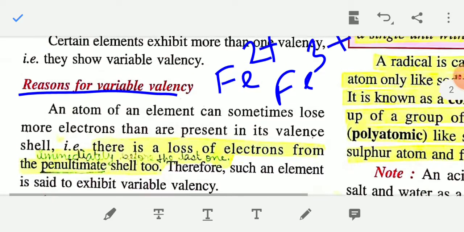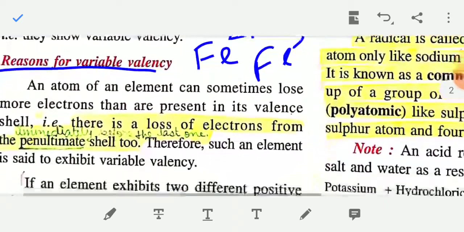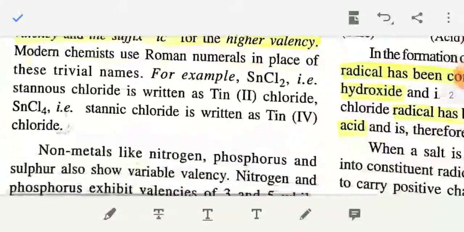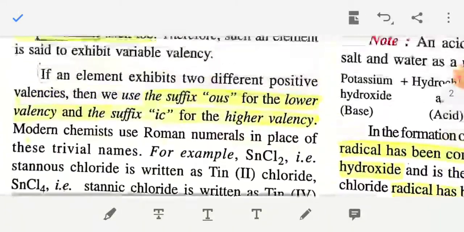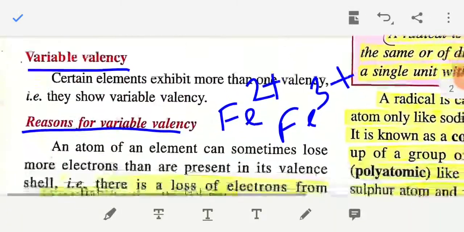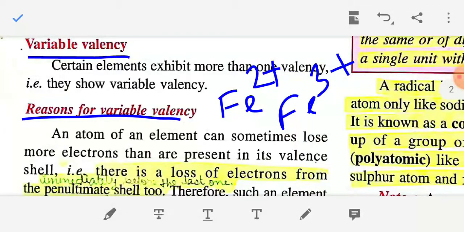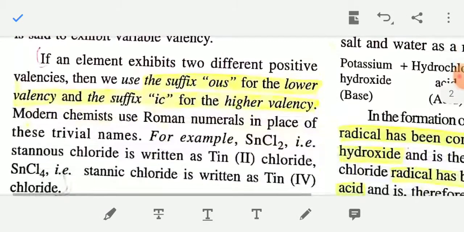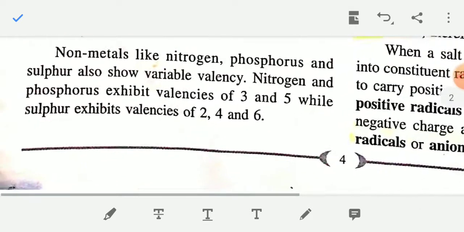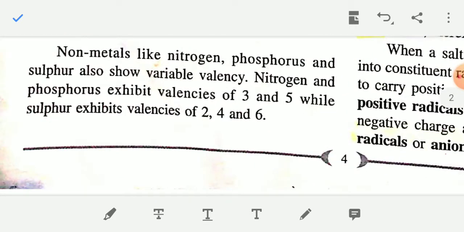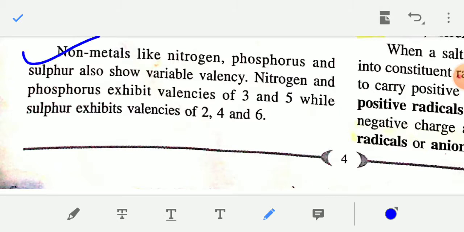Examples of elements which can show variable valency are iron, copper, tin, and some non-metals also, like nitrogen, phosphorus, sulfur.